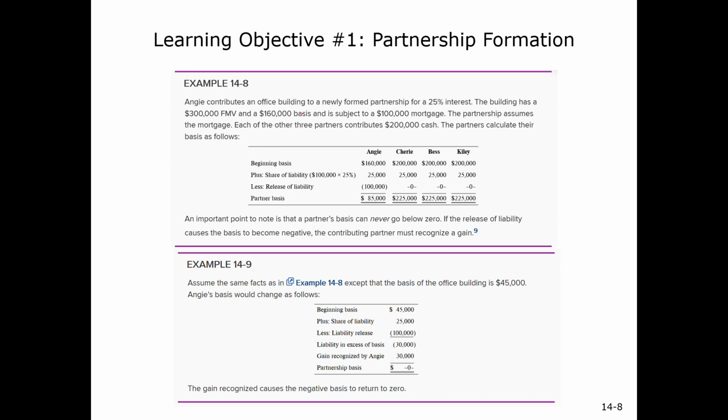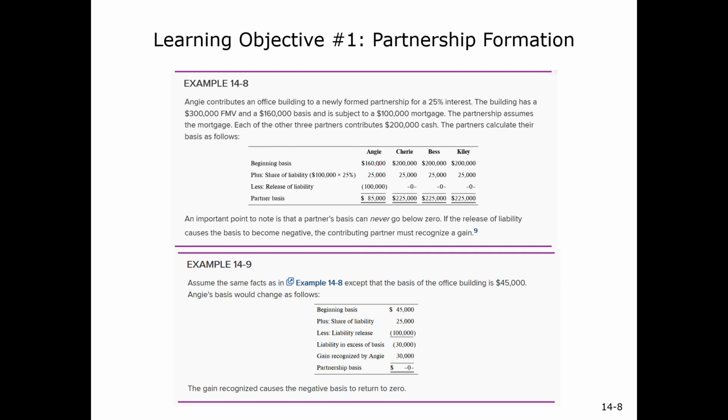The other thing is that the loan is a qualified nonrecourse loan because it's a mortgage loan, guaranteed by real estate property, and therefore it is going to increase the partners' basis. In this case, they all hold a 25% interest, so that's the allocation.